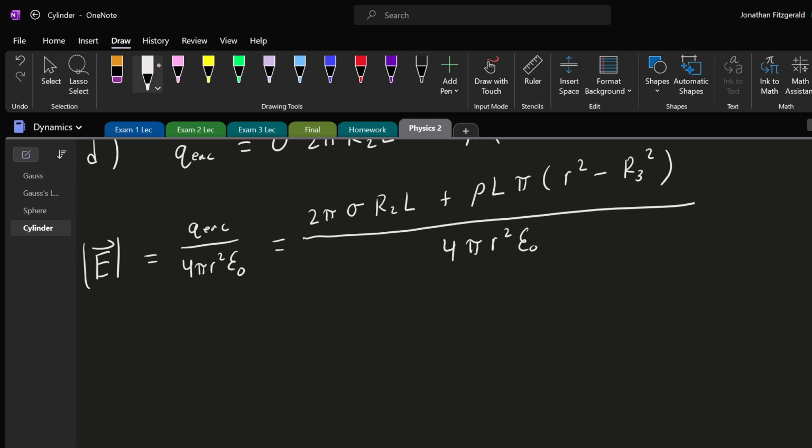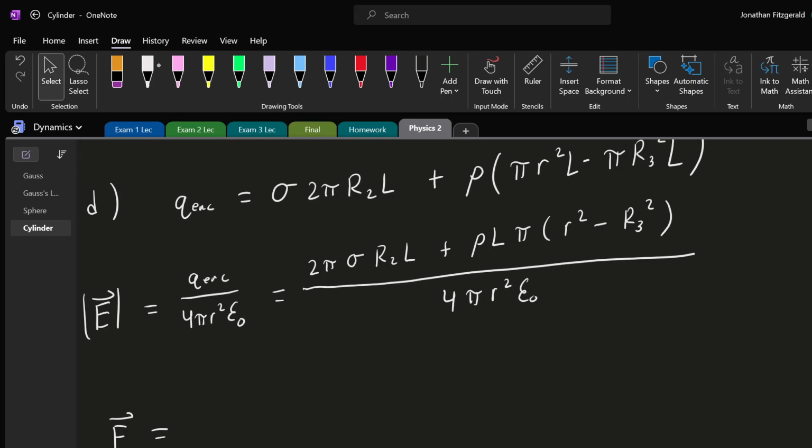Now to get our final answer, remove the magnitude. Now what can we cancel? Pi goes away.